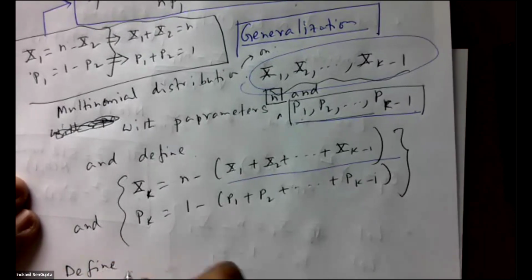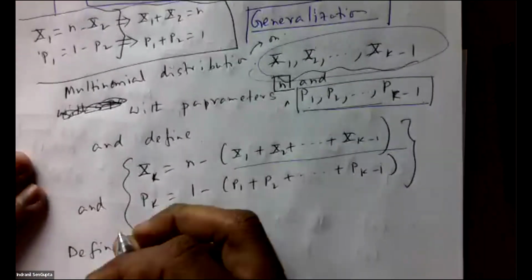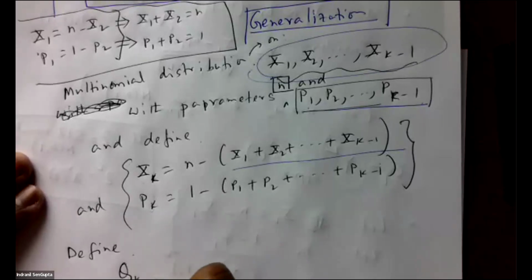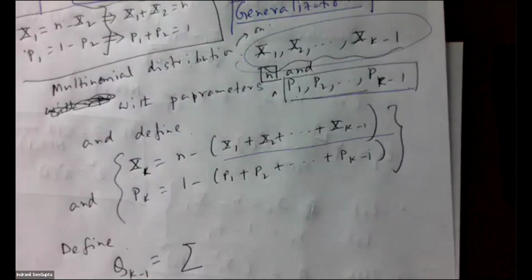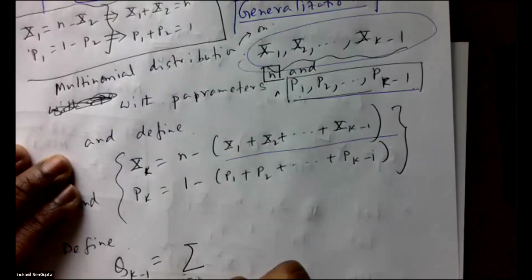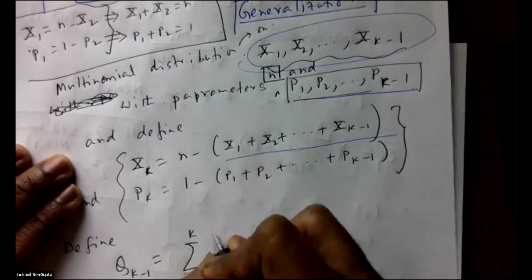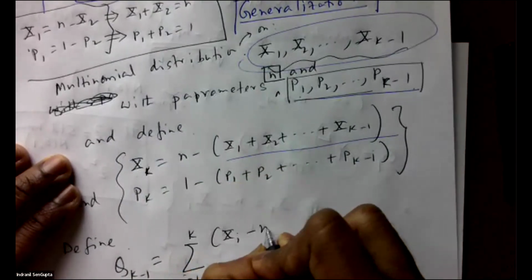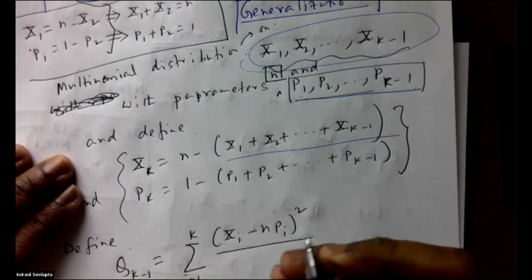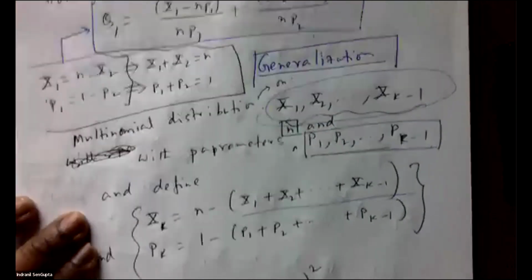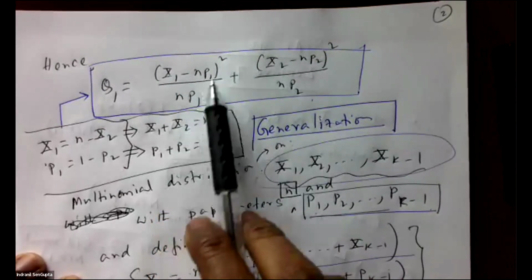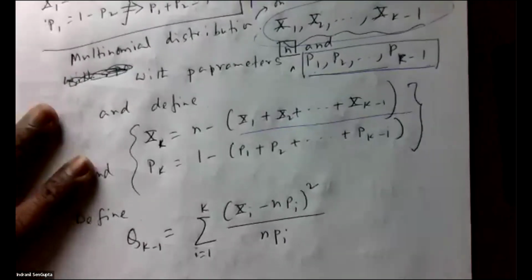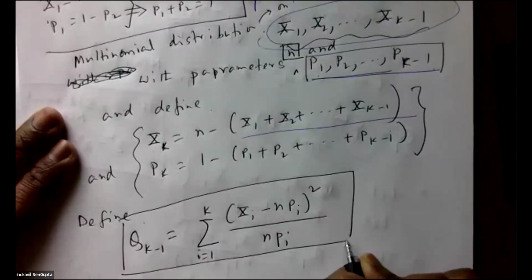Motivated by the previous one, let's define Q sub k minus 1 as the summation over i from 1 to k of (Xi minus npi) squared over npi. Just look at the previous expression: it's the summation of two terms of this form, and we are now writing it for k terms.